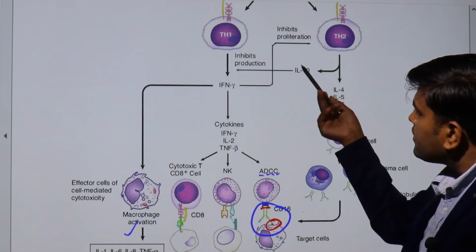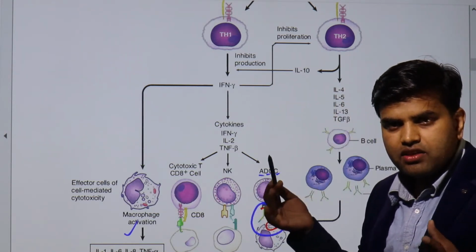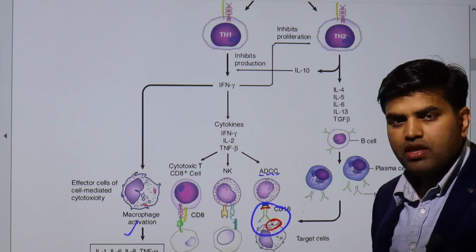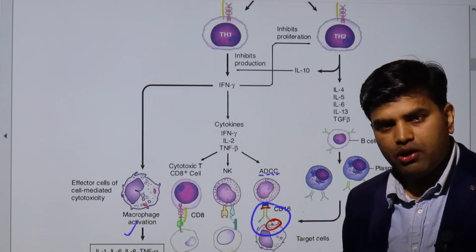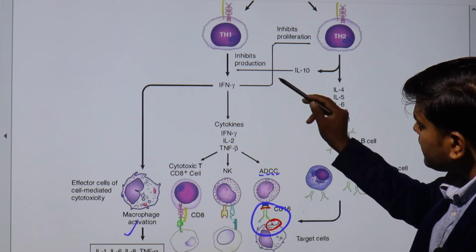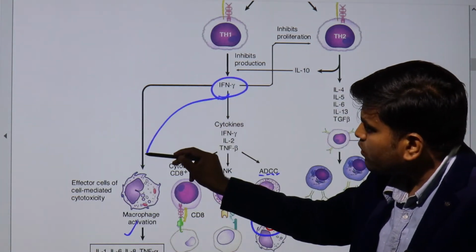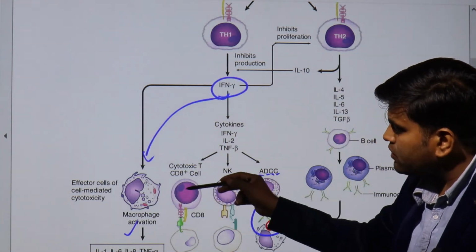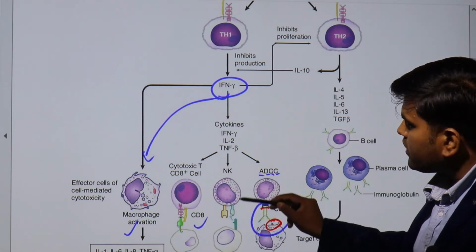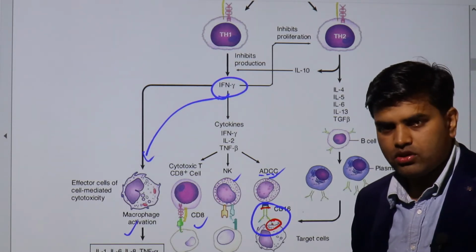Tuberculosis is a facultative intracellular pathogen, so when it is inside the cell it is not killed, and then TH1 activates the macrophage. This activated macrophage has increased capacity to clear the mycobacterial infection. When the TH1 arm is activated, it releases interferon gamma, which makes the macrophage more powerful. It also activates CD8 cells, NK cells and antibody dependent cellular cytotoxicity.